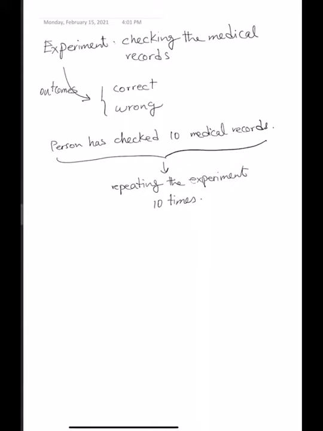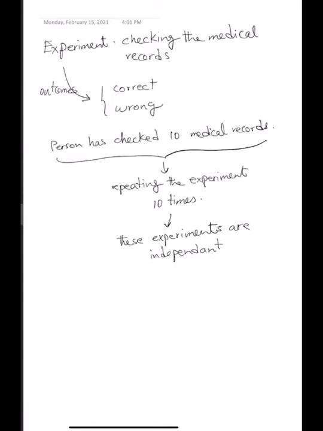No. So one other thing I can say is that these experiments are independent, meaning that if I know the result of one, it doesn't affect the results of the others. Now I know what my experiment is, I know the possible outcomes, and I know I'm going to run the experiment 10 times, independently of each other.